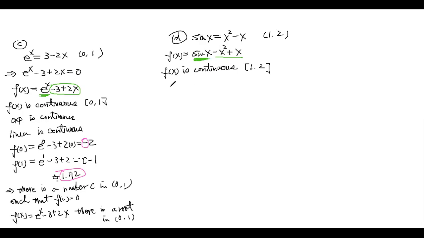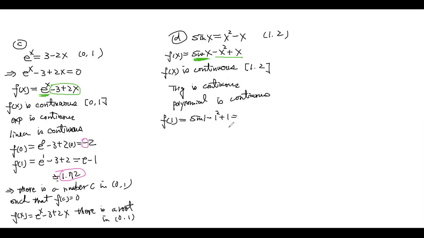And why is it continuous? Because the trig function is continuous, right? So the trig function is a continuous function, and the polynomial is continuous. So when you combine the two continuous functions, it is continuous. Then we can just apply the intermediate value theorem. Let's see what happened to f of 1. f of 1 is sin 1 minus 1 squared plus 1.